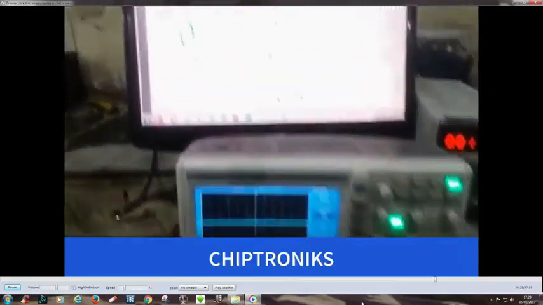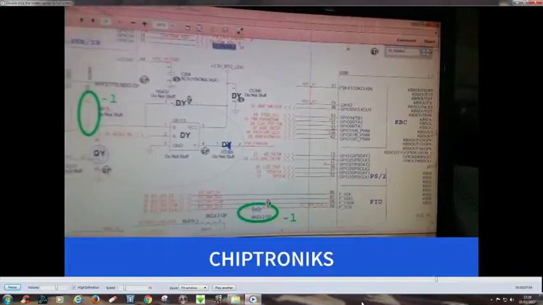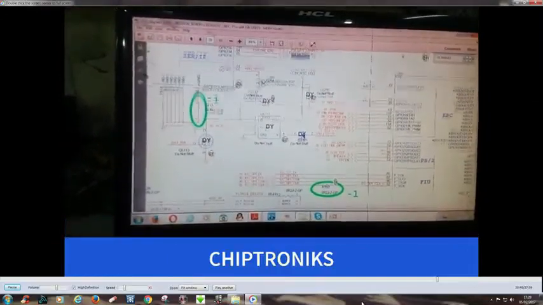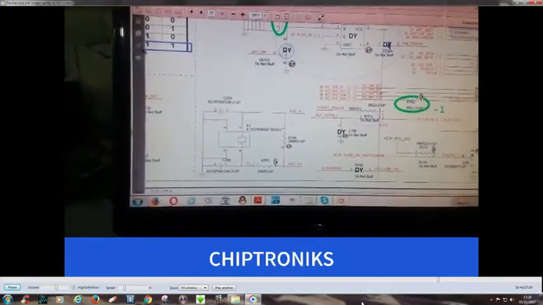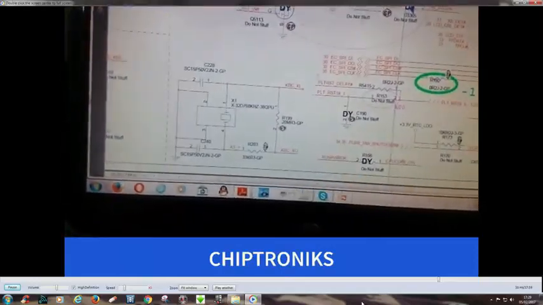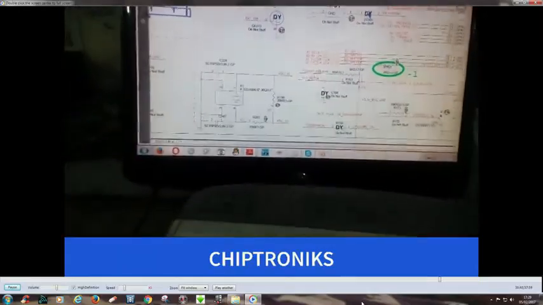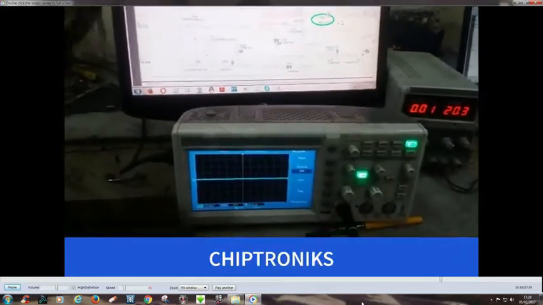So let's check at pin number 77, KBC_XI. Pin number 77. You can also check over here. You can see this crystal KBCXI. You can check this KBCXI at this crystal also. So let's check at the crystal.